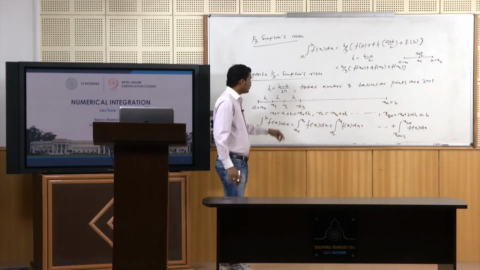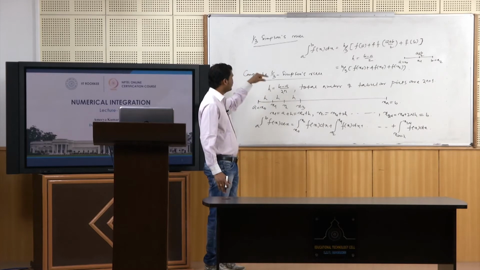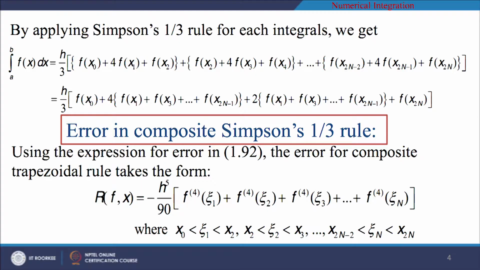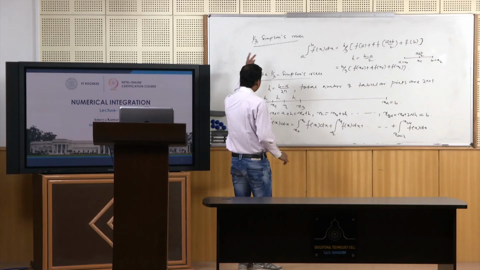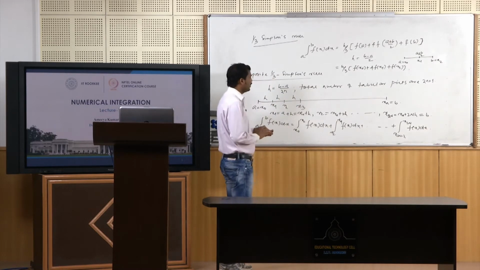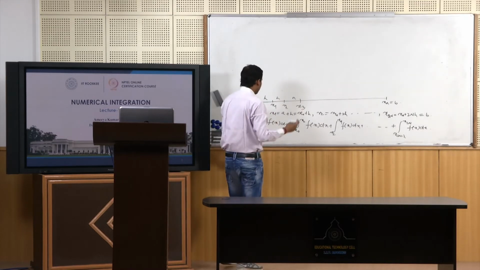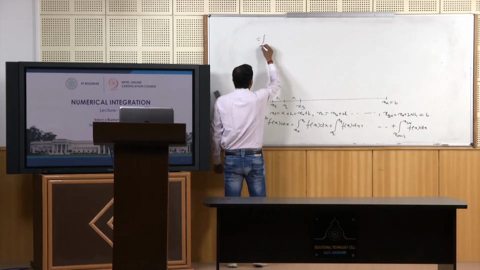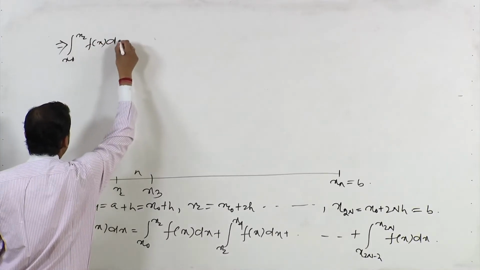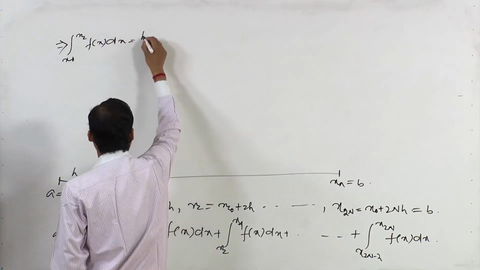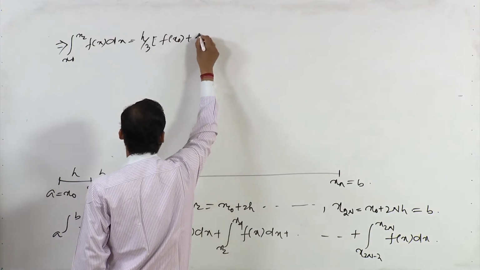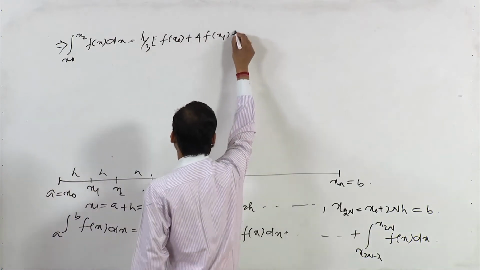And in each of the intervals, if we use this 1/3 Simpson's rule, then it is called the composite Simpson's rule. So if we apply this 1/3 Simpson's rule in each of these intervals, then in the first interval, the integral from x0 to x2 of f of x dx can be written as h/3 [f of x0 plus 4 f of x1 plus f of x2].